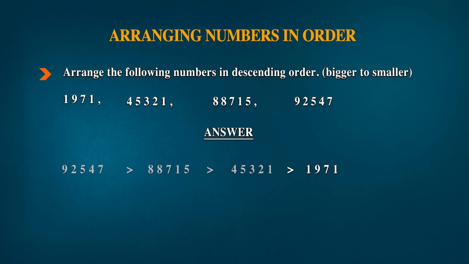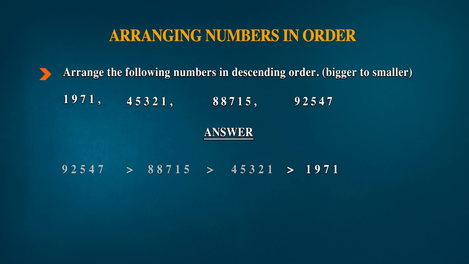We see that as the leftmost digit of 92547 is 9, which is the biggest, it will come at the first place while arranging in descending order. Next biggest digit is 8 of the number 88715, so it will be at the second place, and 45321 having digit 4 at the leftmost place will be at the third place.